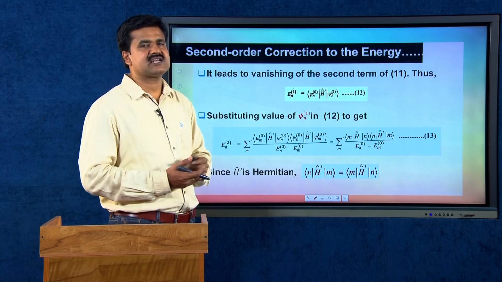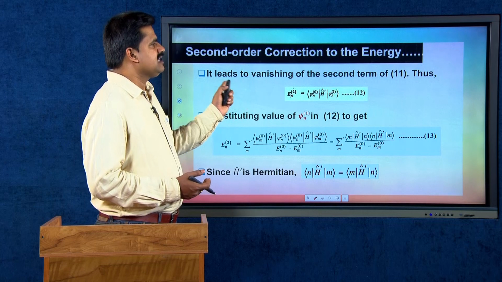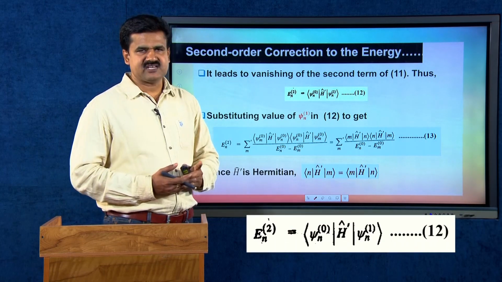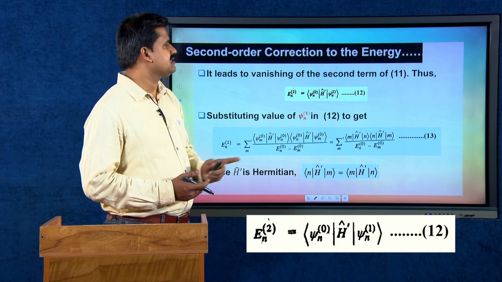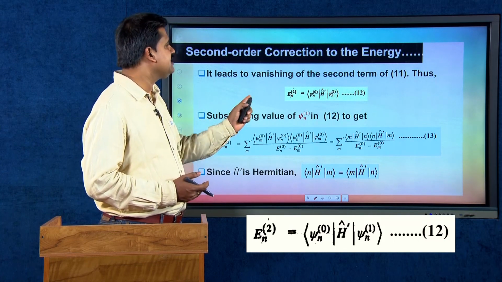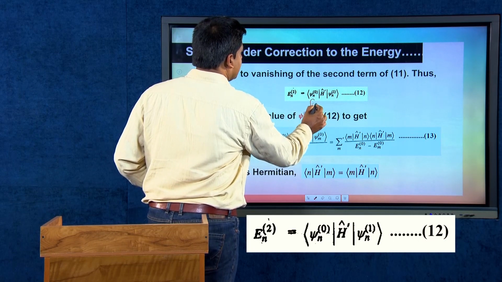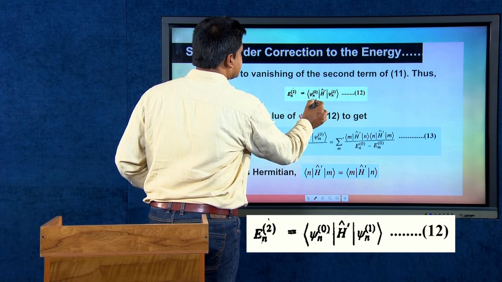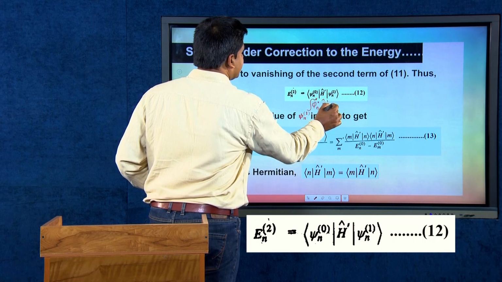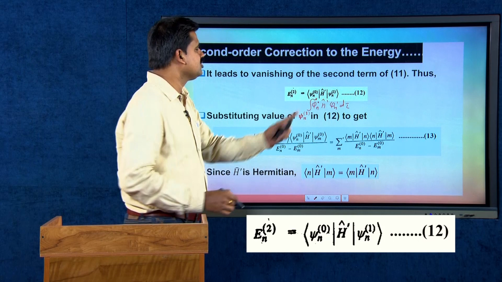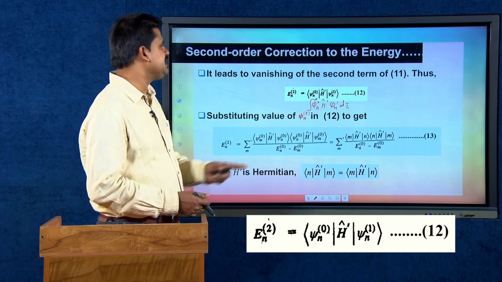Proceeding with the second order correction to energy, applying the concept of perturbation theory, we can reduce equation 11 to get En2 equal to integral psi n0 star h hat dash psi n1 d tau. So, this is the second order correction to energy.